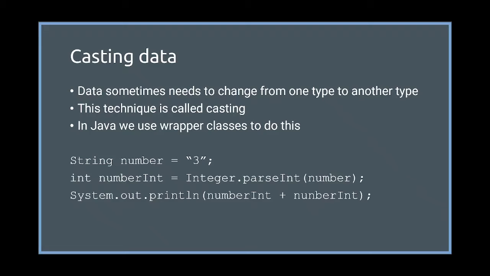So in Java, what we've got to do is use what we call wrapper classes. You may have noticed that all the data types apart from string were typed in lowercase, which seemed a bit unusual. That's because a string is not a primitive data type in the Java ecosystem, whereas an integer is, a float is, a double is, a character or a char.